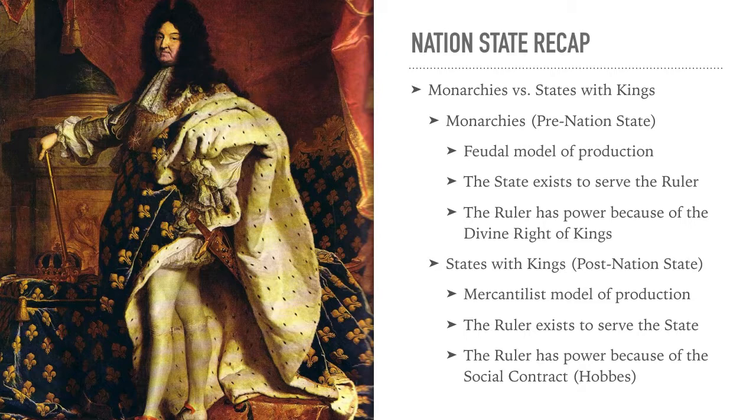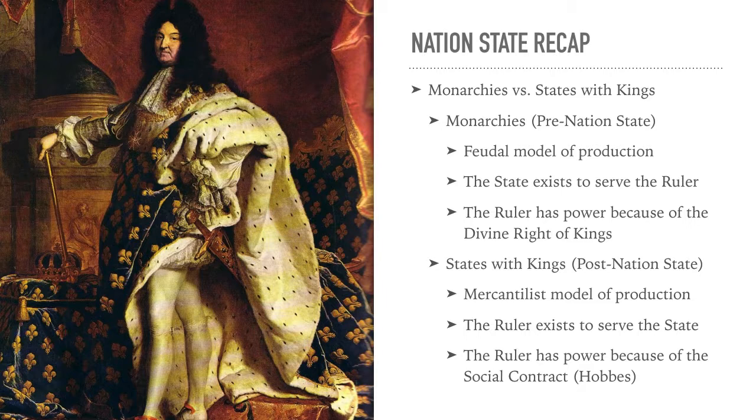Before the nation state, monarchies were generally run in the feudal model of production that we saw in Lecture 2. And in this case, the state really exists to serve the ruler because the ruler is in charge because God says so. We call this the divine right of kings.